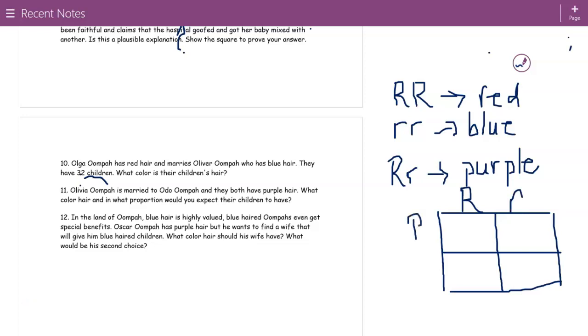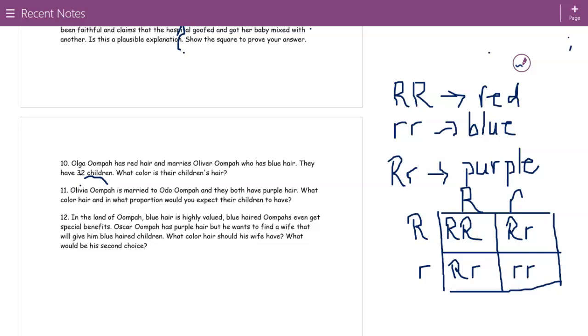They're both heterozygotes. What color hair and in what proportion would you expect their children to have? Heterozygotes are fun because you never know what you're gonna get. Okay, well, you do actually know what you're gonna get.